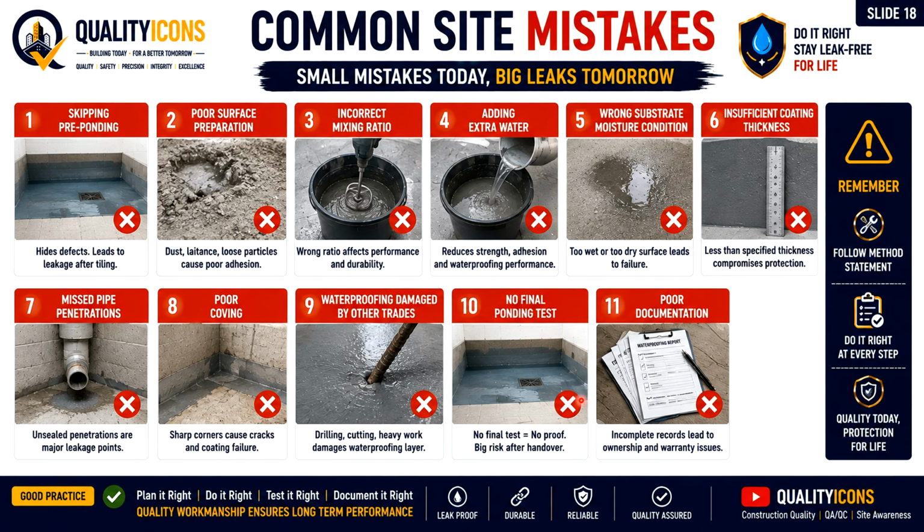Otherwise, no final ponding test. Poor documentation: incomplete records lead to ownership and warranty issues. Plan it right, do it right, test it right, document it right. Remember, follow the method statement. Quality today, protection for life.